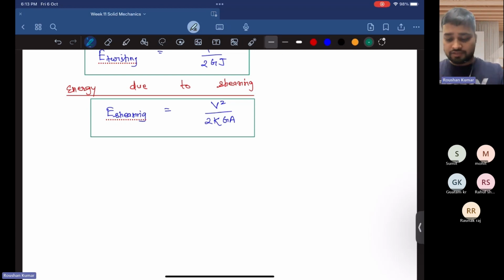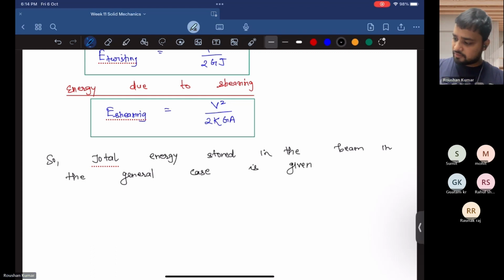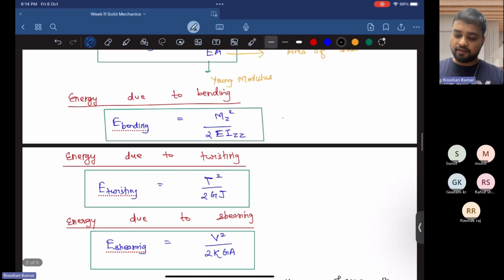That means the total energy stored in the beam in the general case is given by E equal to the integral over 0 to L, because all the energies that I wrote above are the energy of a cross section.